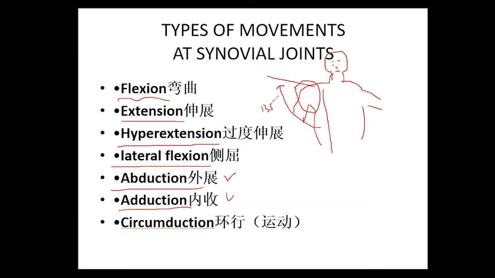Most people can do that. So that's abduction, then they can move back. But for people with frozen shoulder, in most cases they can only lift about half, like 70 or 75 degrees. Then they will talk about a painful situation.